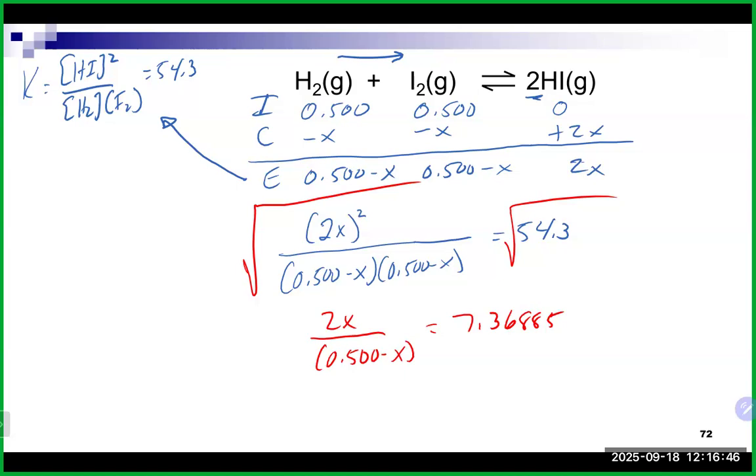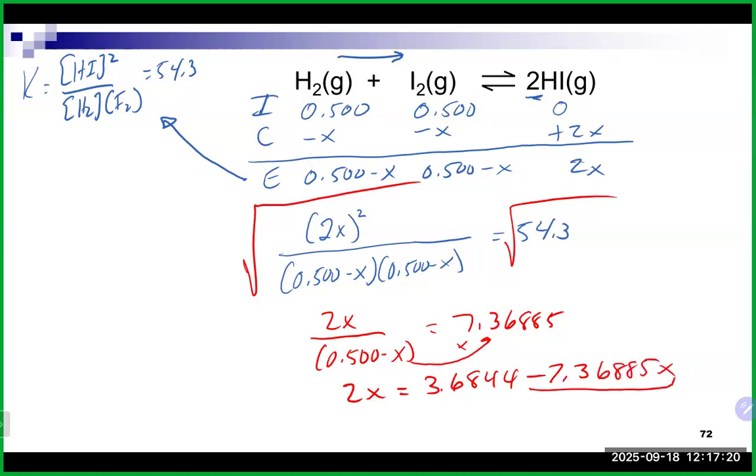As we go through these problems, we also want to think about how we can make our lives easier sometimes. If you like the quadratic, you could definitely roll with that and do a bunch of factoring, but why do that if you maybe don't need to? So we're going to multiply that to the other side. That's going to give us 2x is equal to 0.5 times 7.36885, which is 3.6844, minus 7.36885x.